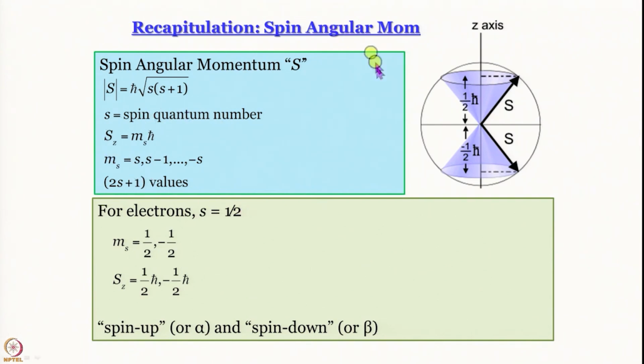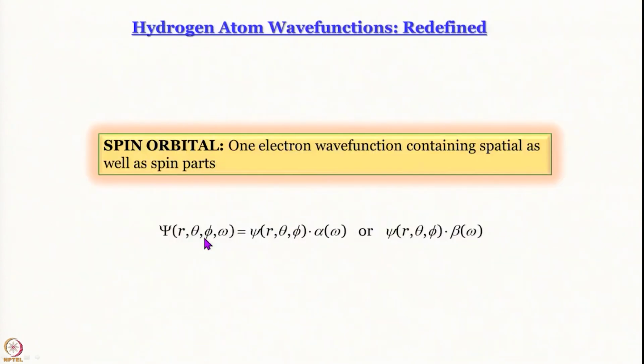So, spin angular momentum S is given by h cross into square root of s into s plus 1, where s is the spin quantum number, and the z component of that angular momentum is given by your sz, which is ms multiplied by h cross. When we say plus half minus half, we are talking about ms and not about s. And then we know that we have to talk about spin orbitals.